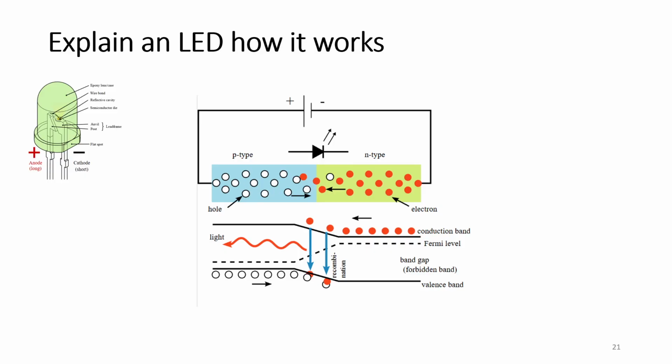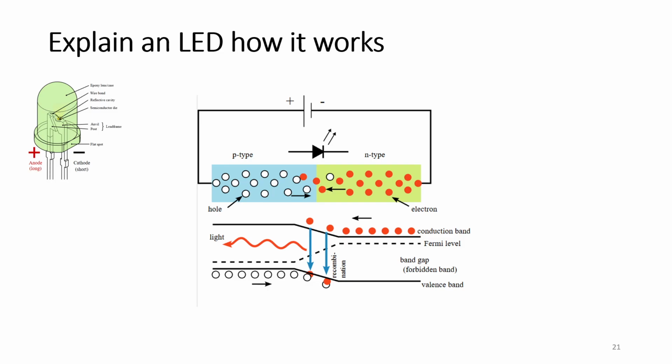When the LED is forward biased, electrons get enough energy to move into the conduction band and cross the junction. When an electron combines with a hole, it drops from the conduction band to the valence band, crossing the band gap. The energy difference between these two bands is released as a photon, which is emitted as light.